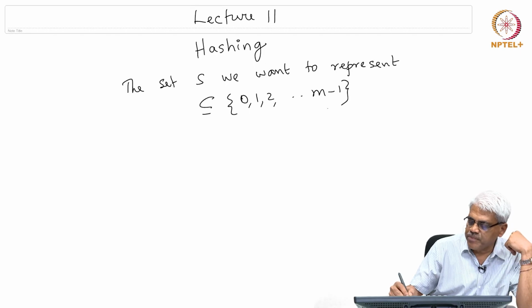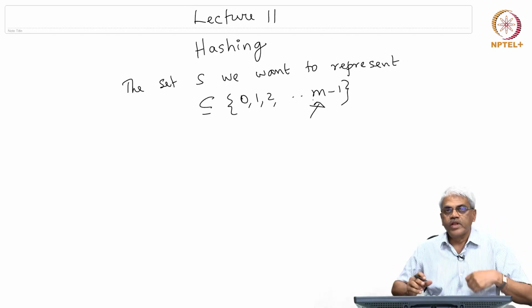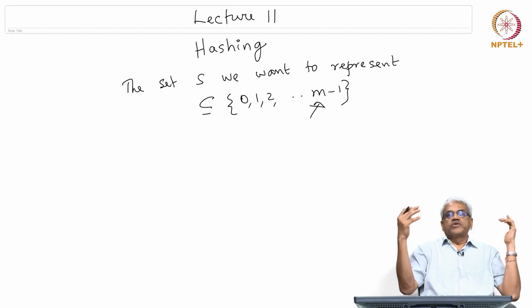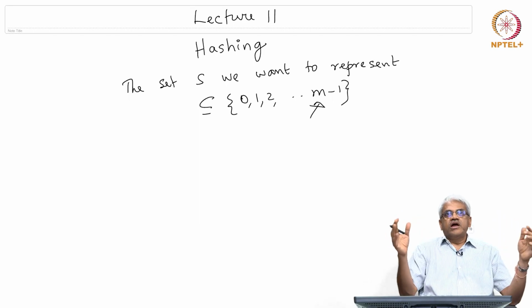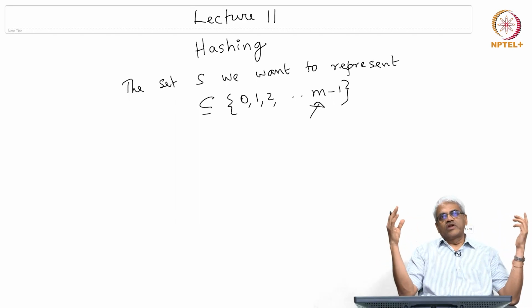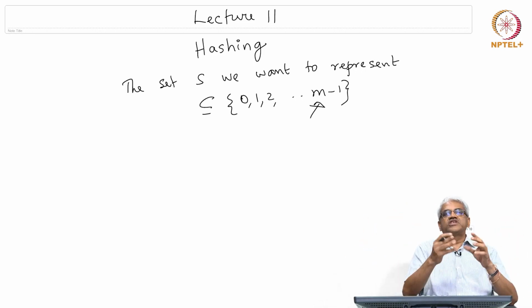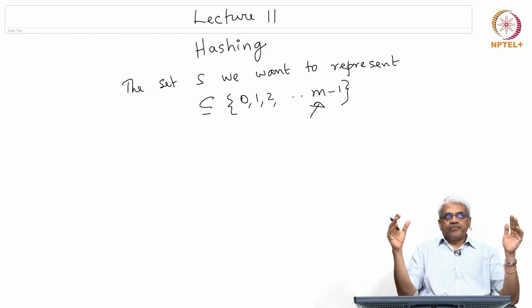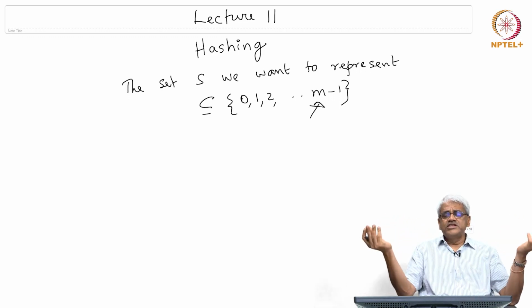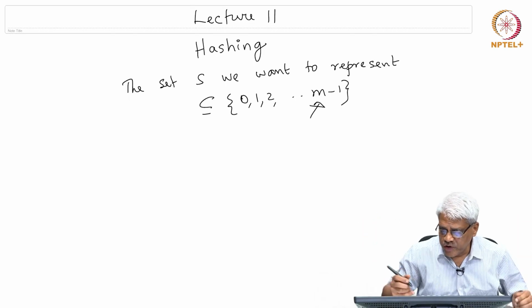So that means I have an upper bound on the range of the values I'm going to store. What I'm storing are numbers, and there is an upper bound, 25,000 or something like that. So I'm storing some small subset of numbers in the range 0 to, or 1 to, 25,000.